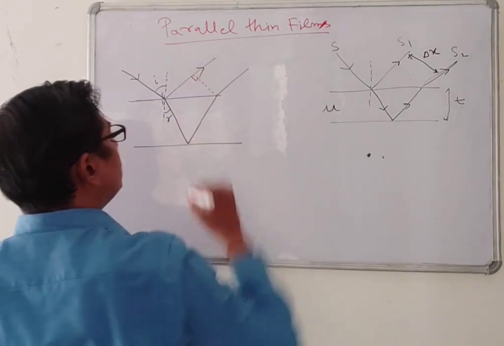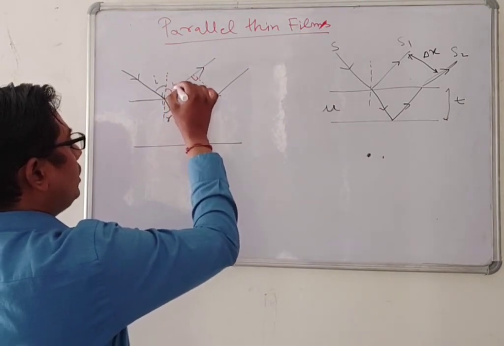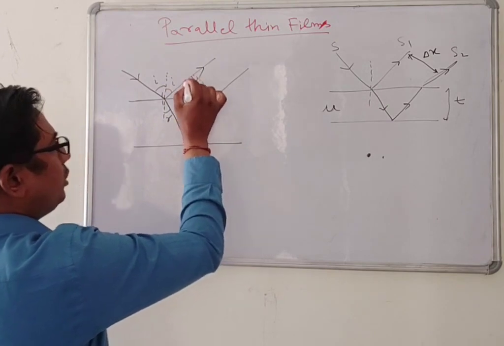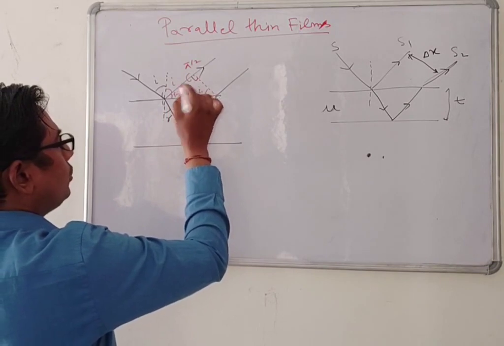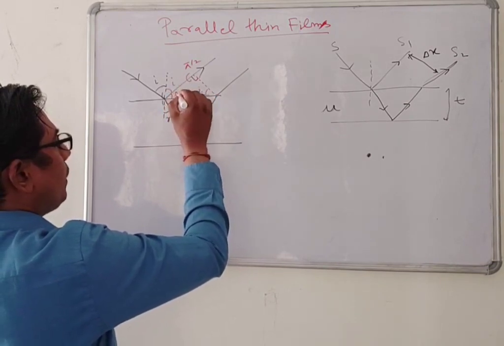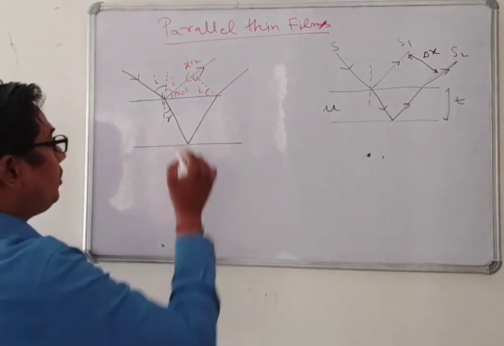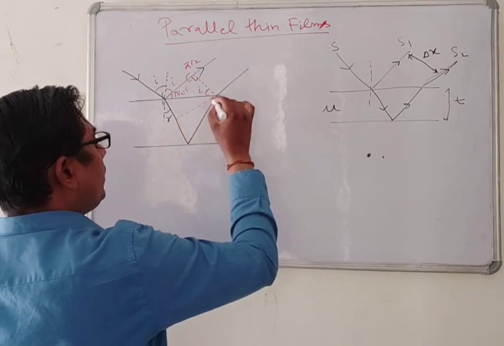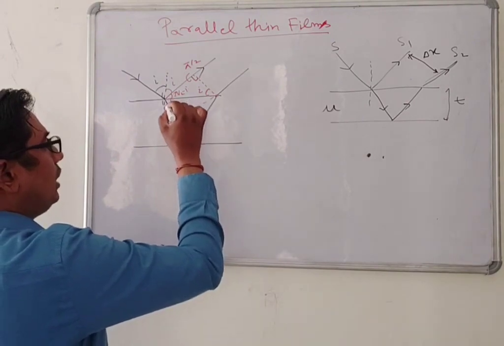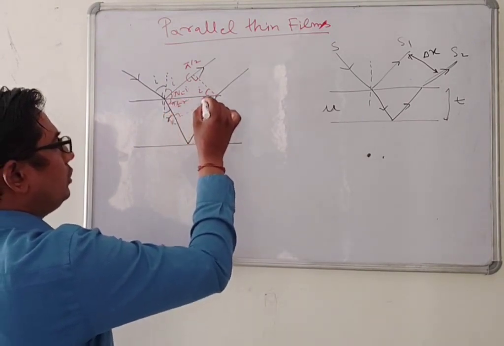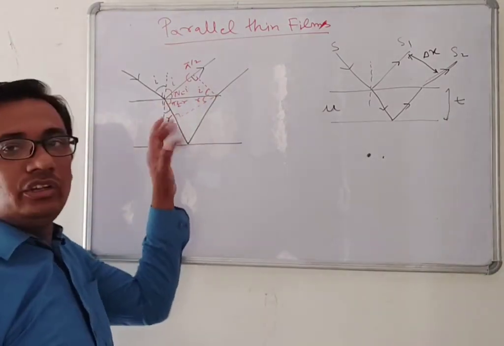This angle is also I. This angle is pi by 2, and this angle is pi by 2 minus I, so you will get this angle I. Similarly, when you draw a perpendicular here at K, this is pi by 2 minus R, and you will get R, because the sum of the three angles is equal to 180 degrees.